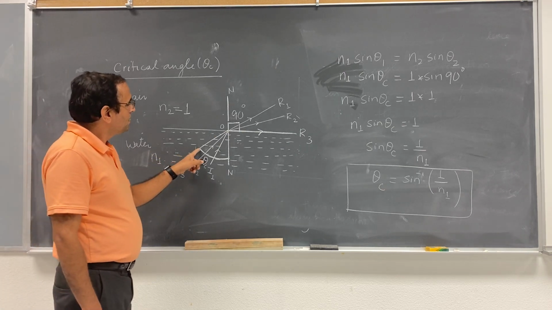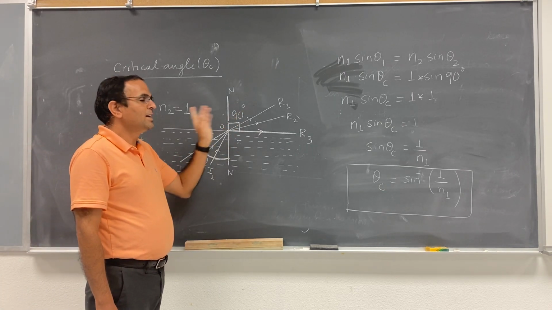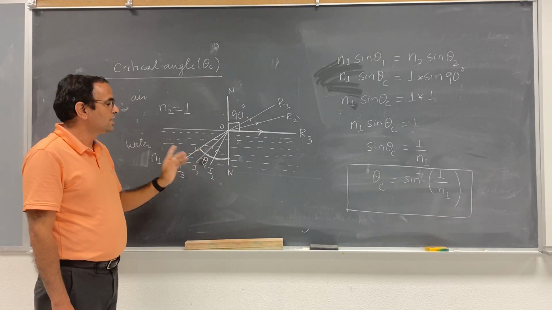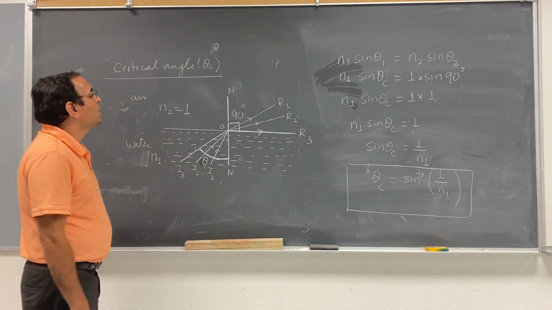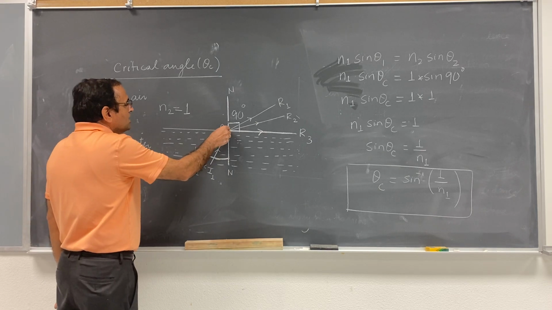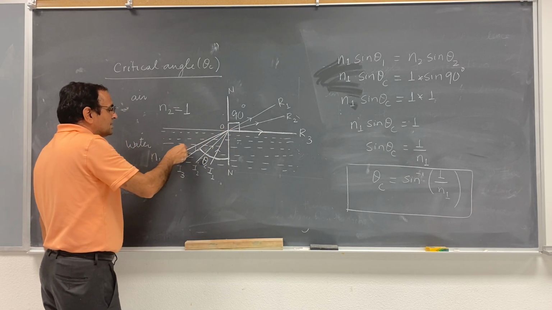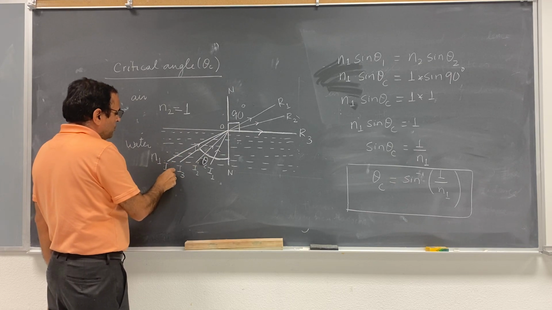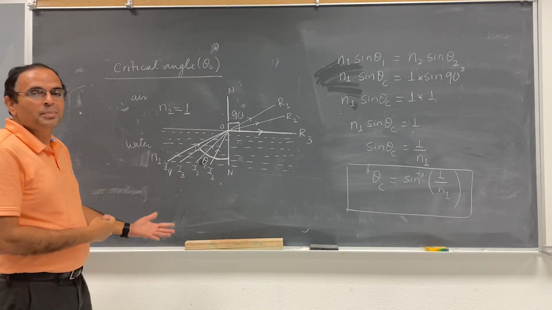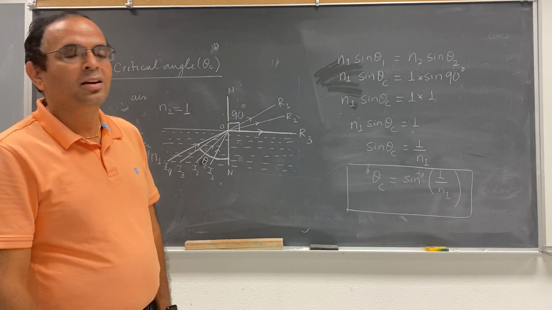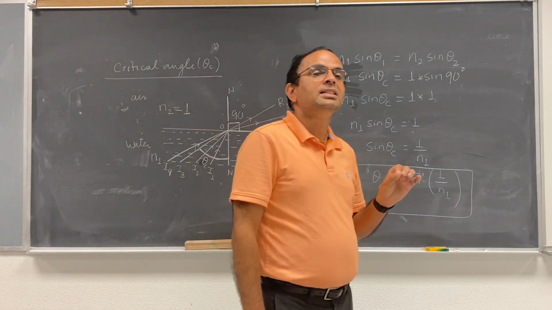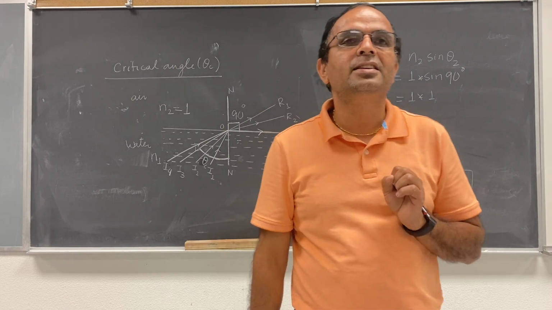If the angle of refraction here is 90 degrees, the corresponding angle of incidence is called the critical angle. But what happens if you take another incident ray from here like this? This is an incident ray, and let me call it I4. What happens in this case? If your angle of incidence in the optically thick medium is greater than the critical angle, think about it.